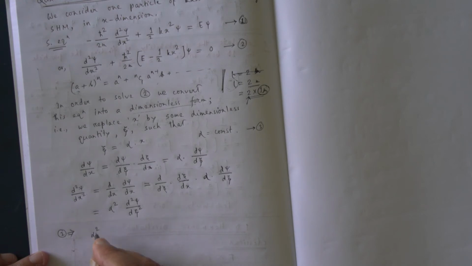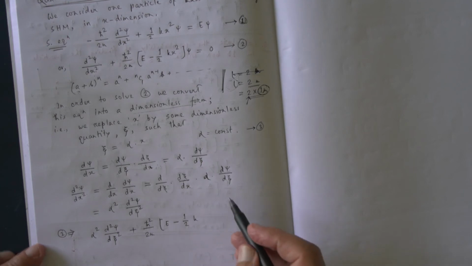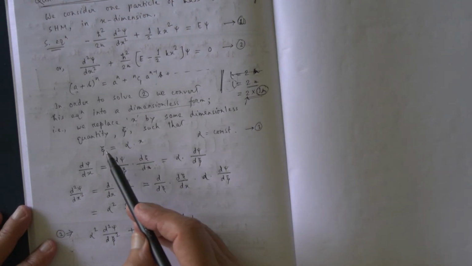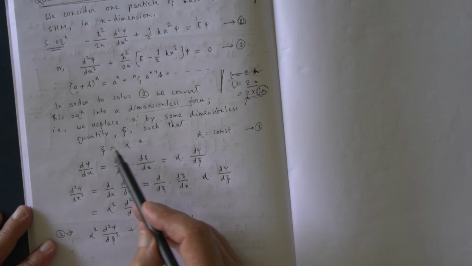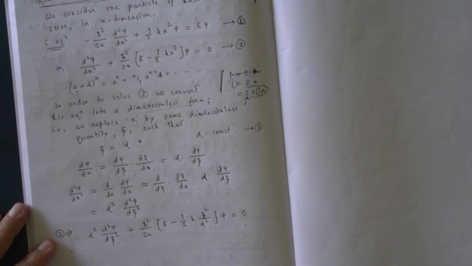Alpha square d2 psi by d xi square plus h bar square by 2m, e minus half k times x square, where for x we can write x equals xi by alpha, so this will be xi square by alpha square, psi, that is equal to 0. So we can write this.